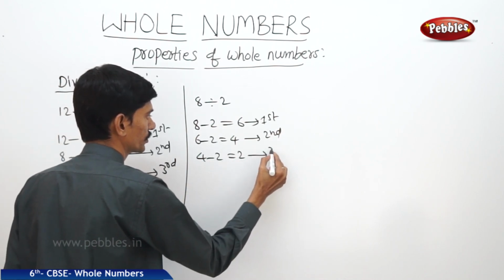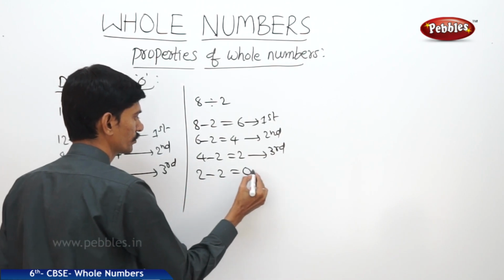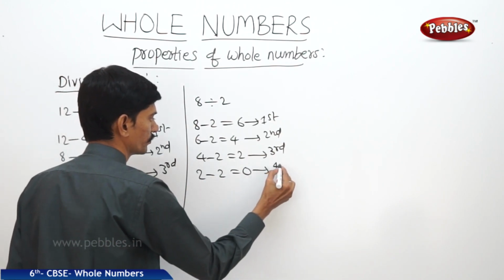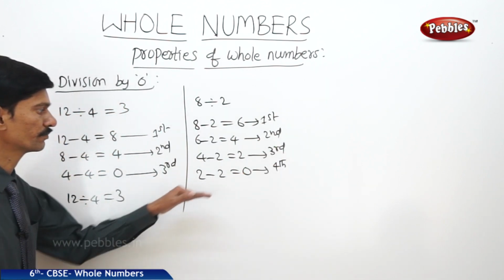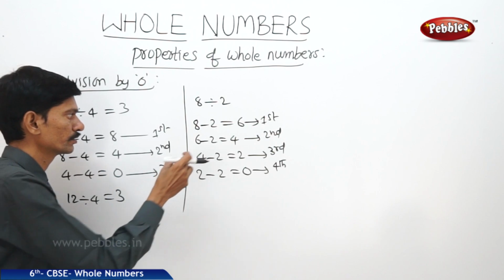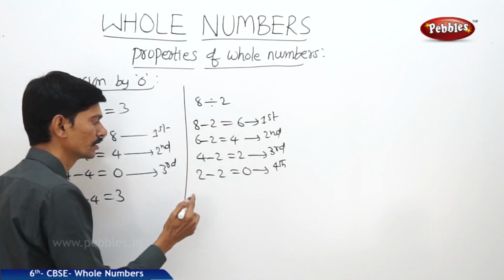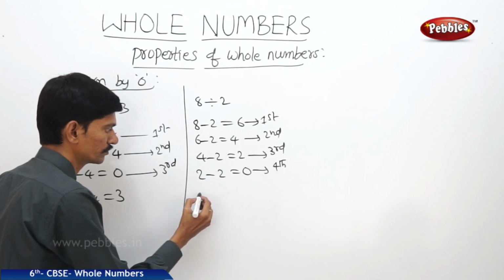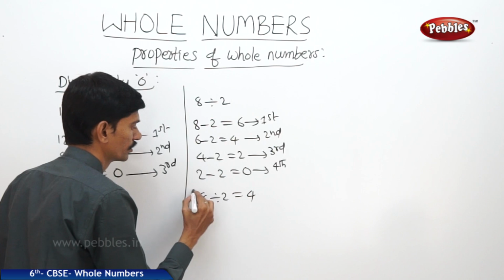So this is the third step, and 2 minus 2 equals 0. So this is the fourth step. So in the fourth step we got the difference 0. So when you subtract 2 repeatedly from the given number 8, then 8 divided by 2 equals 4.